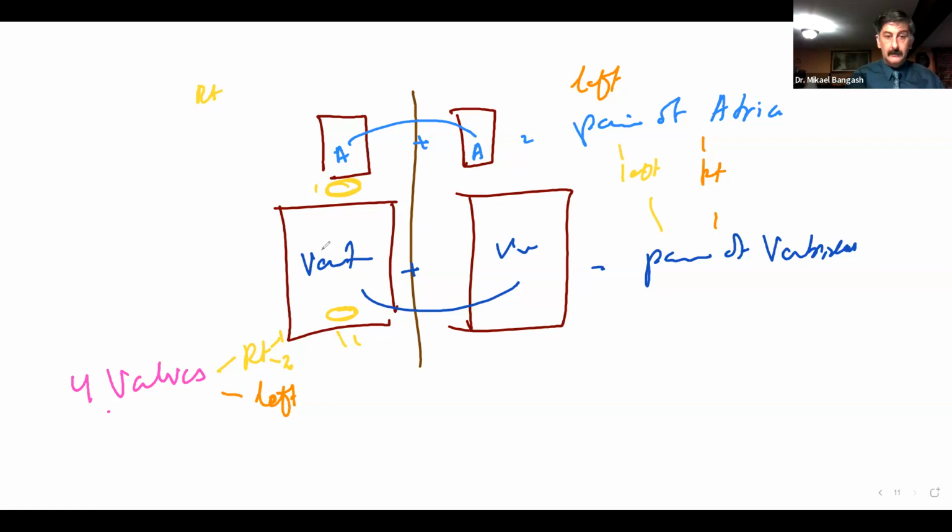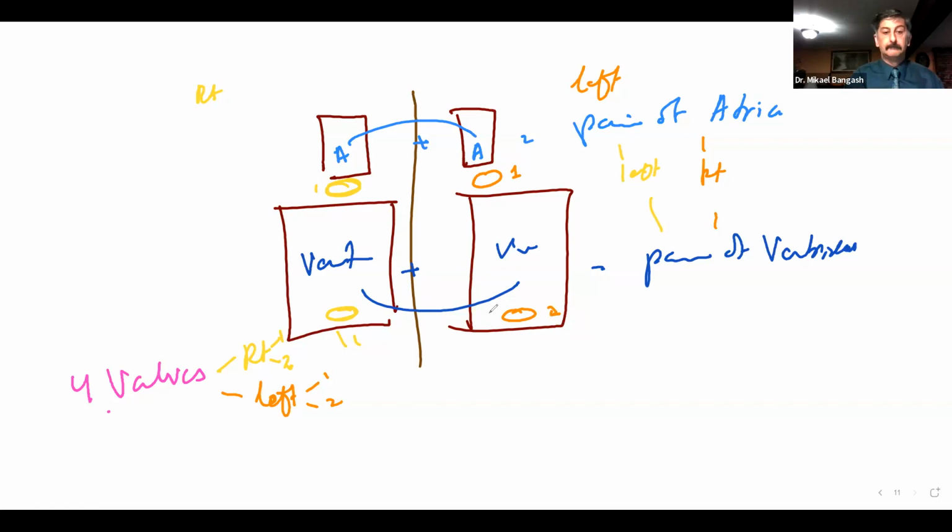Likewise, guys, similarly we have 1 left valve here, and we have another left valve here. So that becomes the right pair of valves, the left pair of valves.